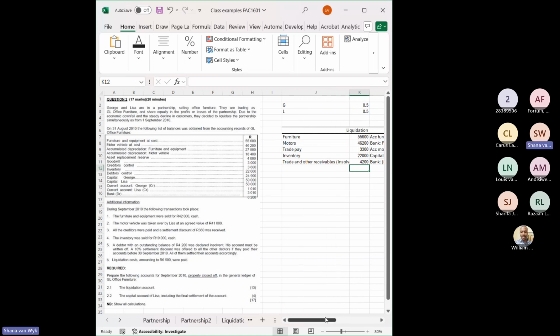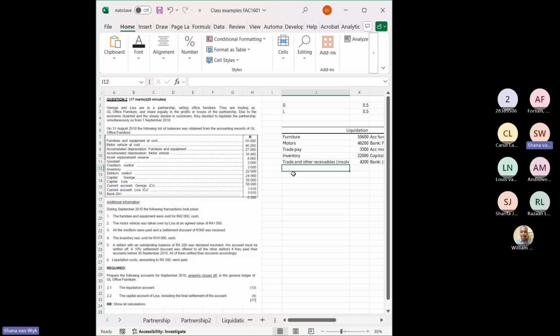Second part of the question: a 10% settlement discount was offered to all the other debtors. All of them settled their accounts. So now that means debtors control was 24,900. What happened? They paid it.